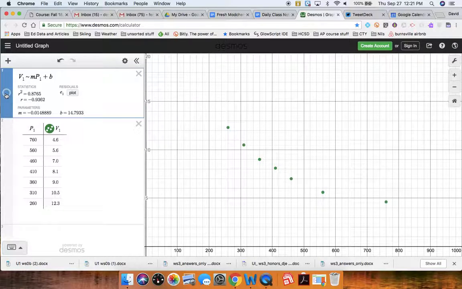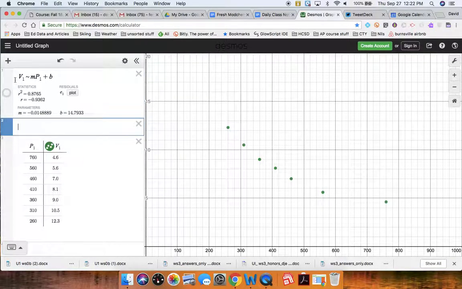And the next thing I want to do is plot some points on here that correspond to the inverse of pressures on the horizontal axis and the volumes on the vertical axis, and they'll be inserted as an expression. So I'll click Add Item and an expression, and instead of an equation, I'm just going to put a set of points that are defined by the inverse of pressure and the volume.